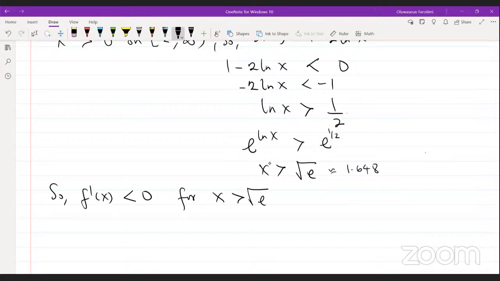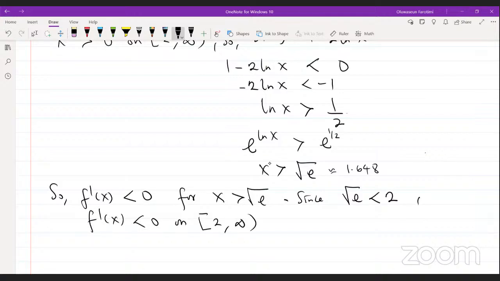Now it says x is greater than square root of e. If I even want to do a sharp approximation, I can just approximate this guy to 2. Okay, so now since the square root of e is less than 2, how do we conclude? f prime of x is less than 0 on 2, infinity.